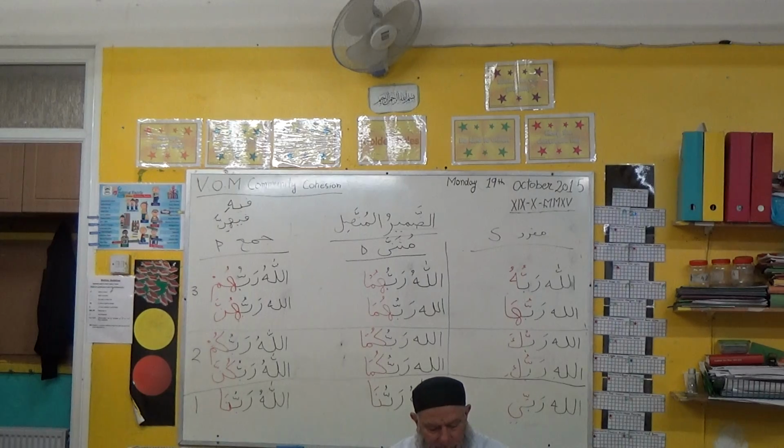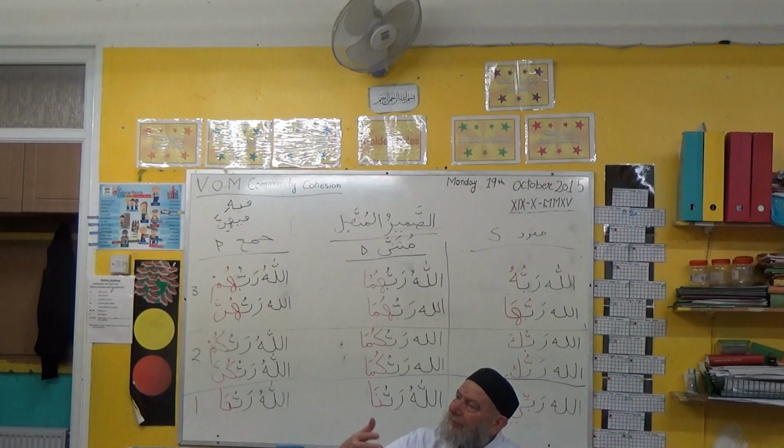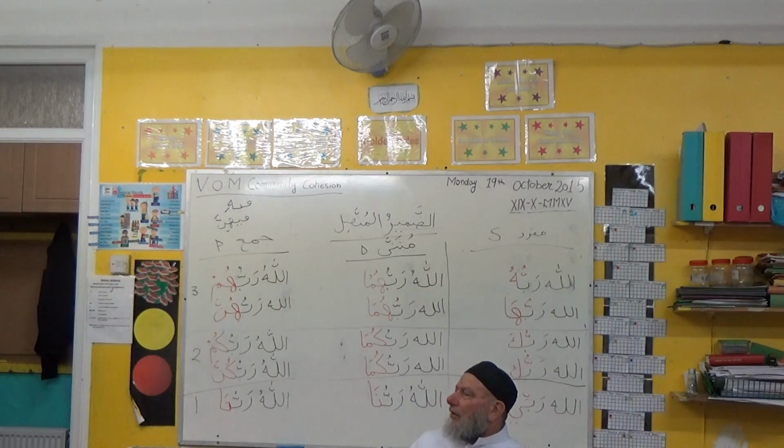Then the ni form is used with verbs and after prepositions or particles ending with na, like ja'ala. When we do the verbs, inshallah, I will explain this to you. This noon they call noon al-wuqaya. They made it to make it sound right, because if you say ja'ali, it doesn't sound right.